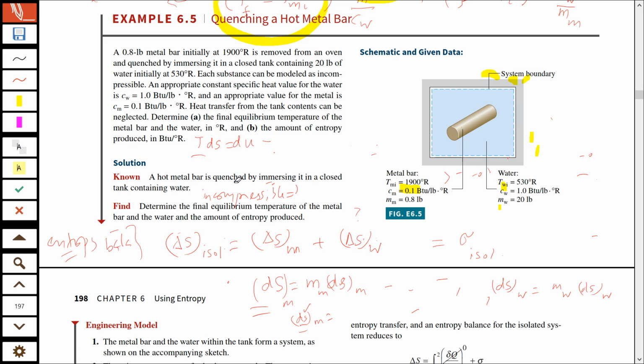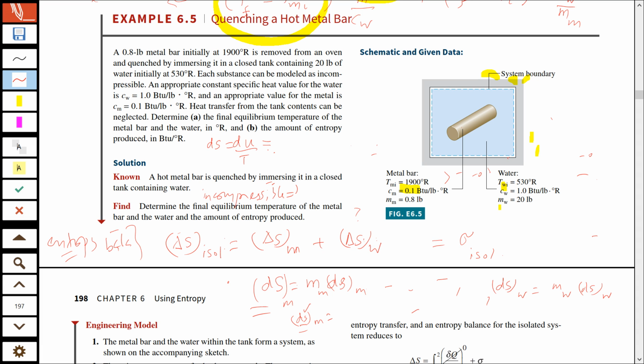I will divide both sides by T. So it's ds equals du over T, and I have to do this for the metal as well as for water.